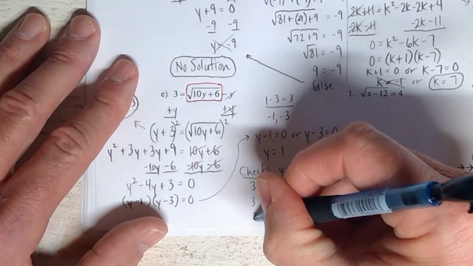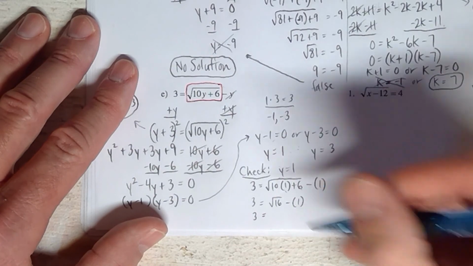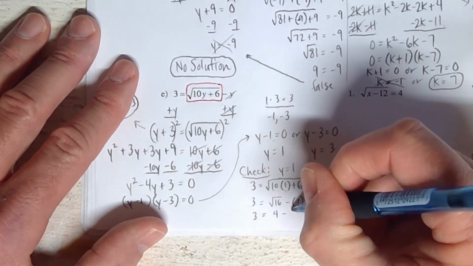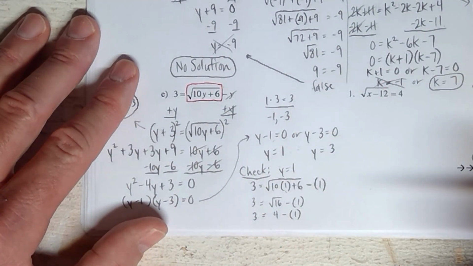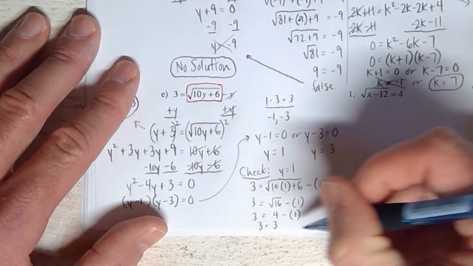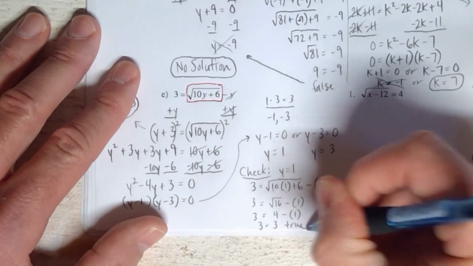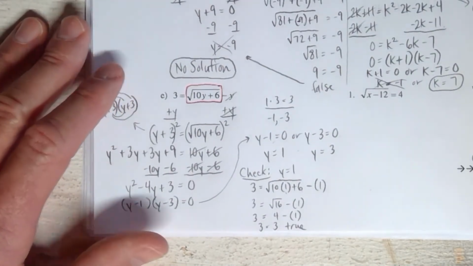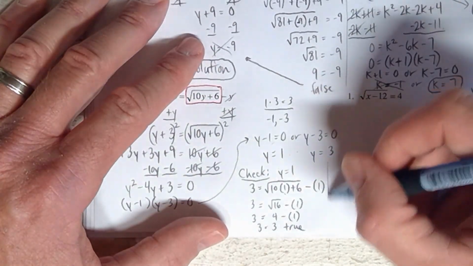Then you calculate the radical before you subtract. The radical is equal to 4, and yes, 4 minus 1, we know that's equal to 3, right? True. I'll go ahead and circle that in a minute. Let me go ahead and check the other one first.